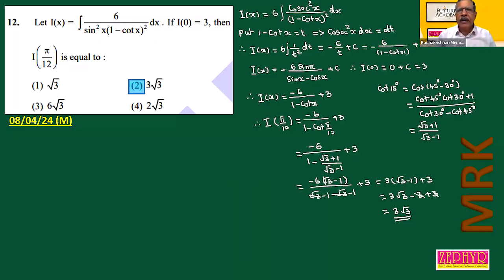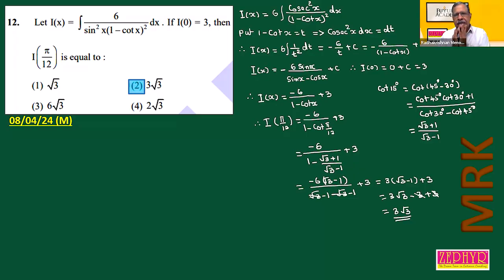So when the integration part is easy, then the simplification part is difficult. That is why. If you feel that integration is very easy, you will find that the simplification part will be a little complicated. Difficult in the sense you don't know what is the value of cot pi by 12.